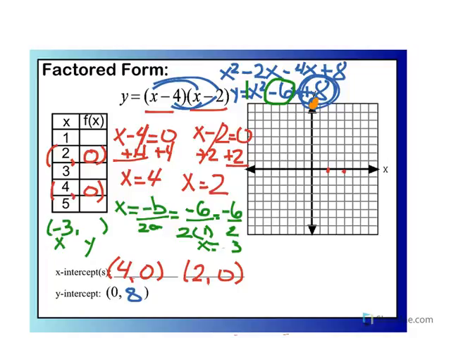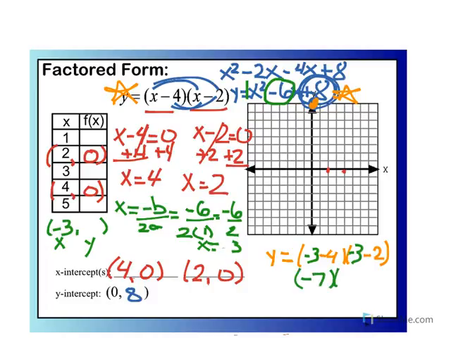Now I need to find its missing y-coordinate, and then I can graph it. Well, we know x is negative 3. I can either sub it into the factored form or the standard form. I'm personally going to go with the factored form. y is equal to x minus 4 times x minus 2. We know that x was negative 3, so I'm going to sub that in. Negative 3 minus 4 is negative 7.